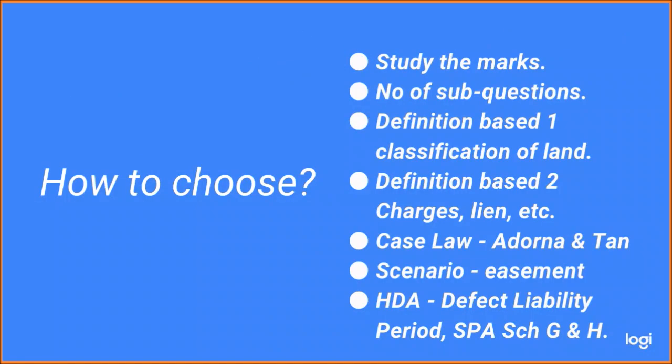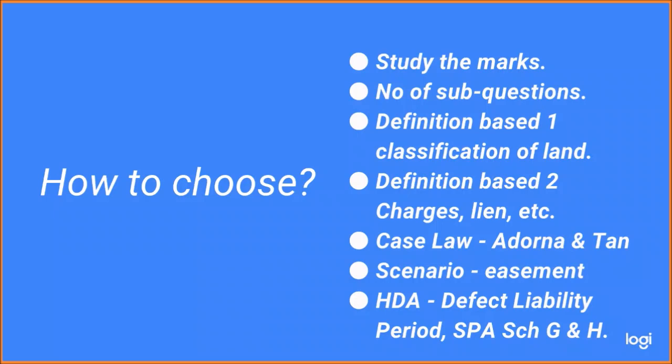So how to choose, this is key to success in your exam, because sometimes choosing the correct question needs some technique. To summarize, you study the marks first. That means if the question is broken into a few sub questions, you study the marks and study which one you would be able to get more marks.